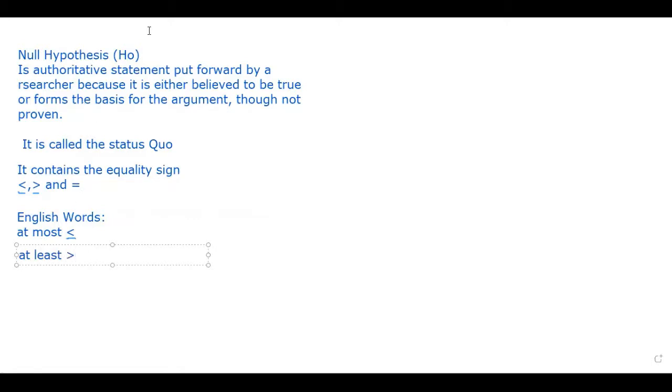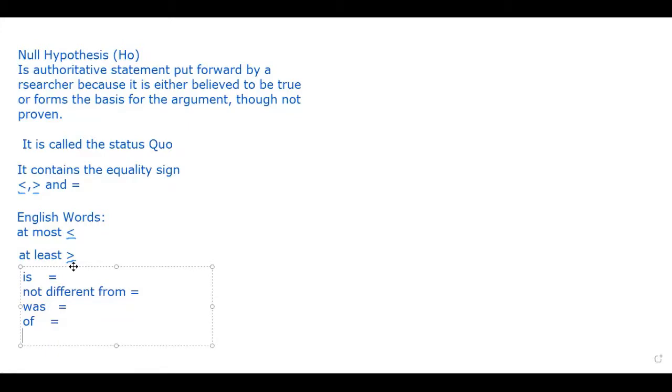Okay. Then we have these words here. We have "is", it means equal sign, not different from. That one too is an equal sign. "Was", equal sign. "Of", equal sign.